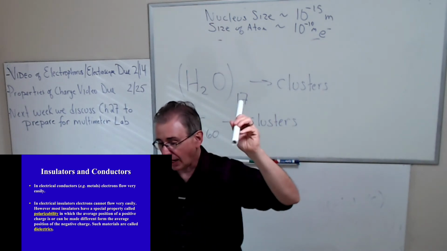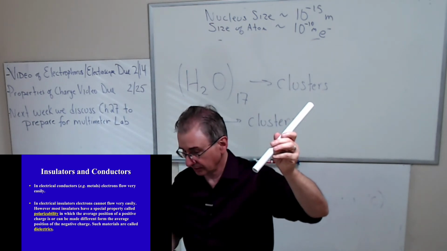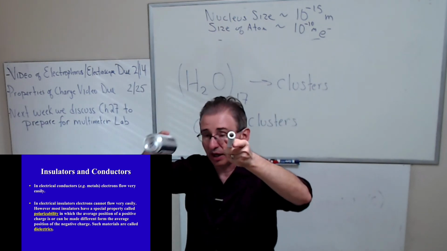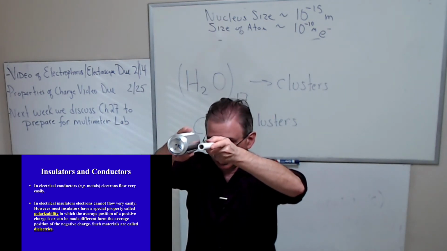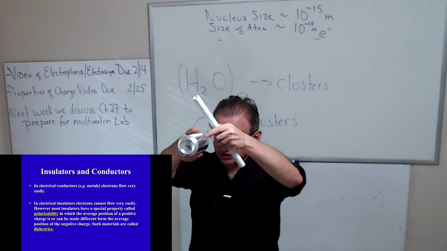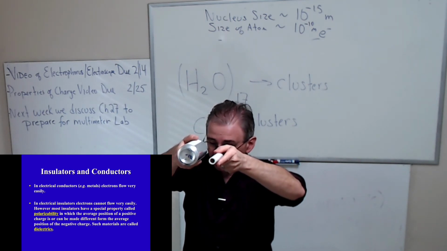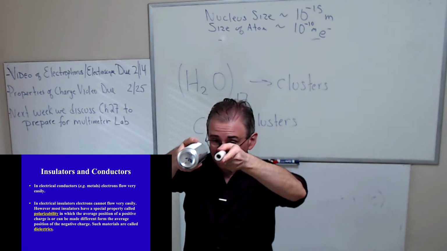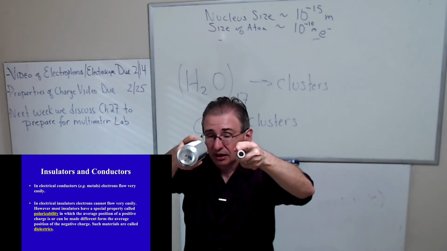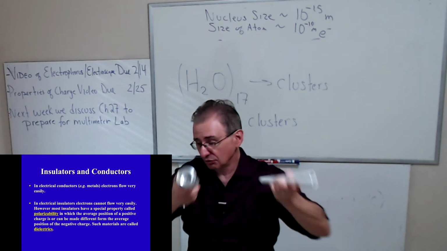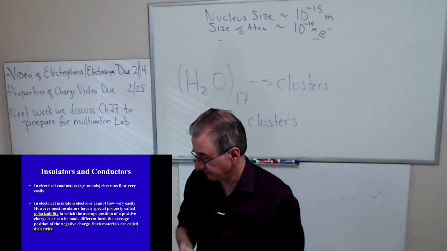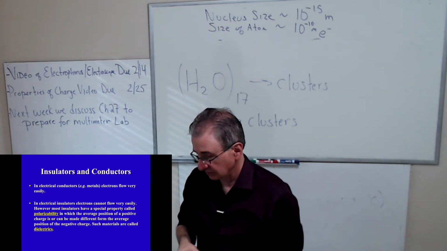If my rod was positively charged, I brought a positively charged rod by the can, then the electrons in the can would be attracted to the positive charge, bringing towards this side of the can an excess of negative charge, and then you still get an attraction. Does that make sense?